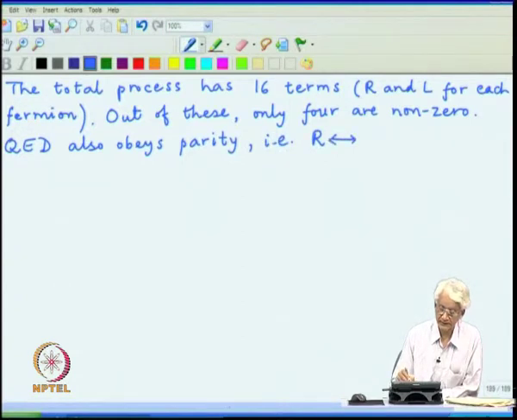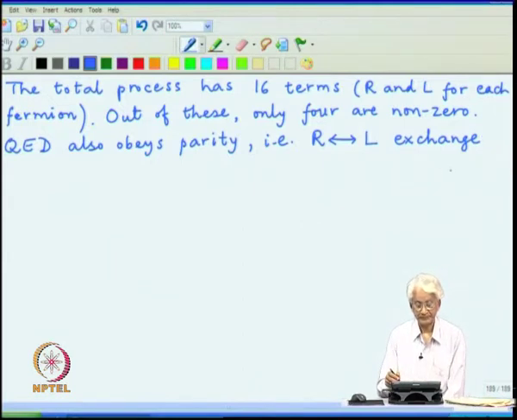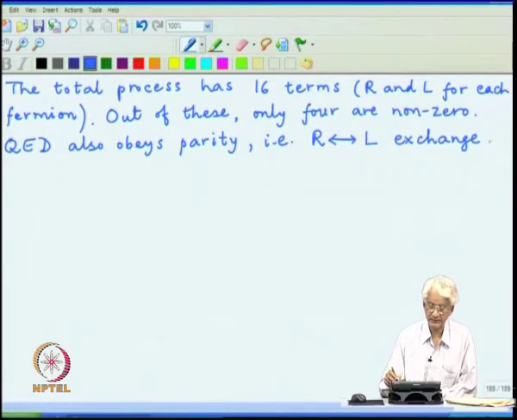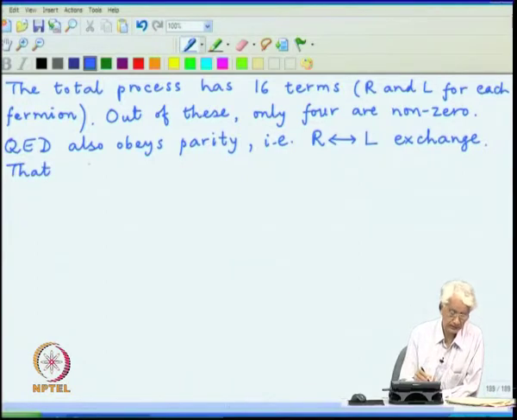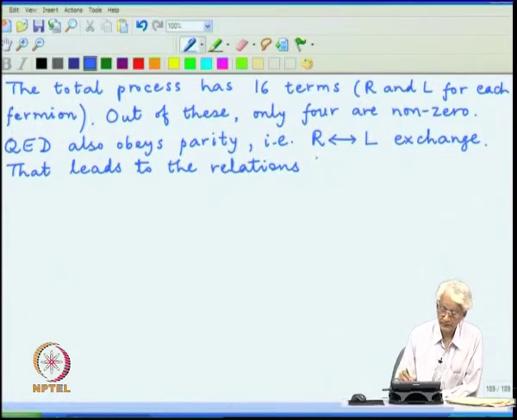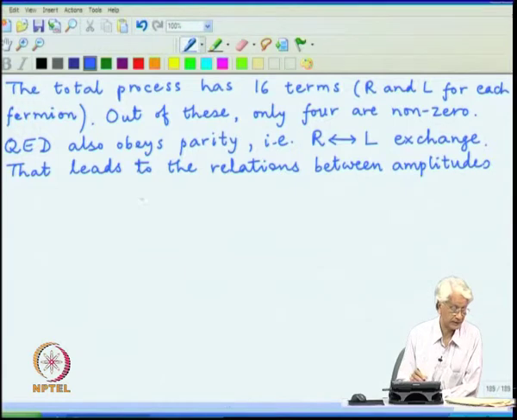Which, in terms of the helicity, means the processes where R and L are interchanged will be related; rather, they will be exactly the same terms which will appear twice, and that leads to the relations where we interchange R and L and the answer looks the same.